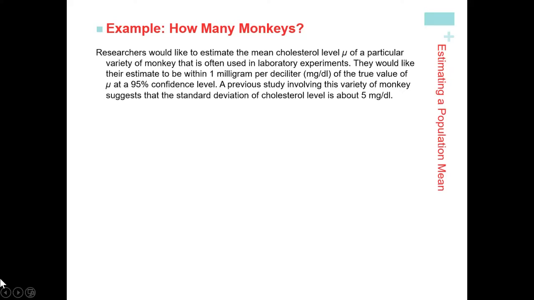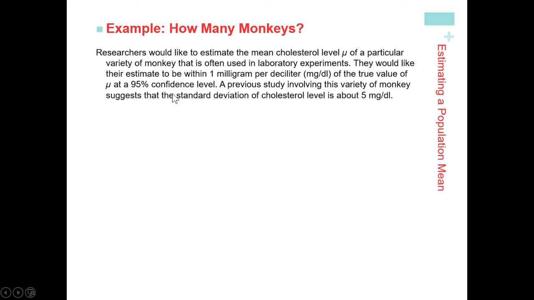Okay, they would like the estimate to be within 1 milligram per deciliter. So this is the margin of error that we want. So we want plus or minus 1. So we want 1 to be our margin of error, and then we know that this is our standard deviation. So we can plug standard deviation and margin of error into the formula.